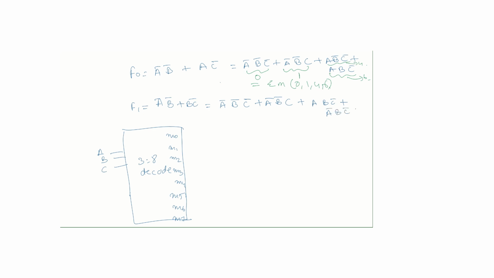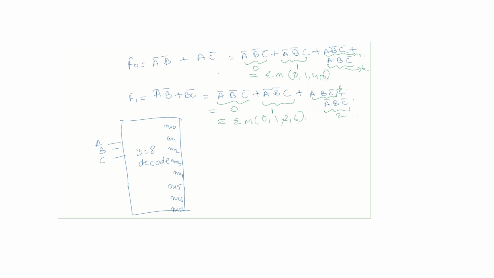So this is 0, this is 1, this is 6, and this is 2. So this will become sigma m 0, 1, 2, 6. So now let me represent this using a ROM array.